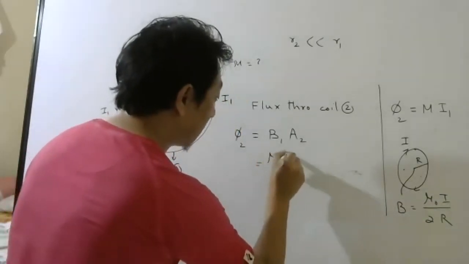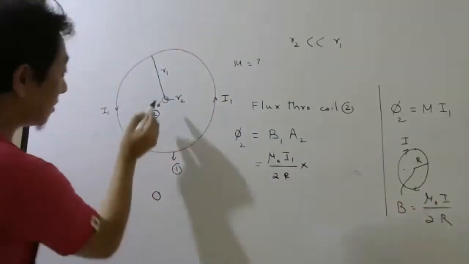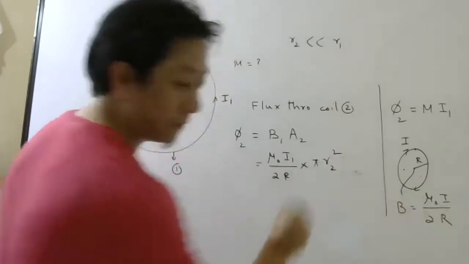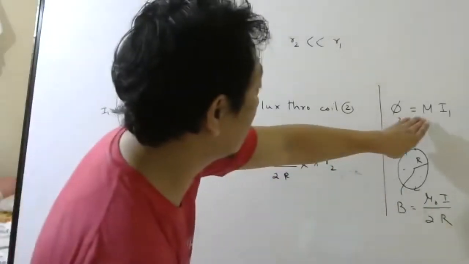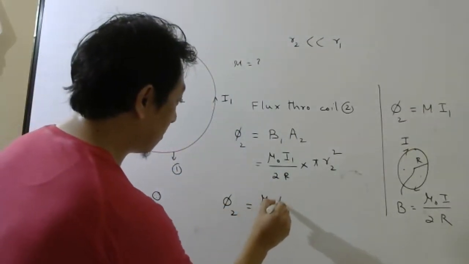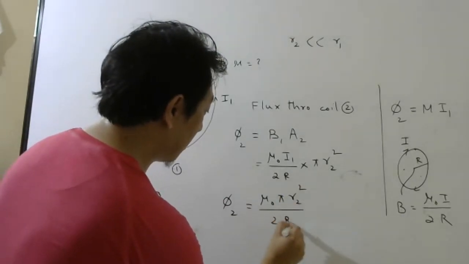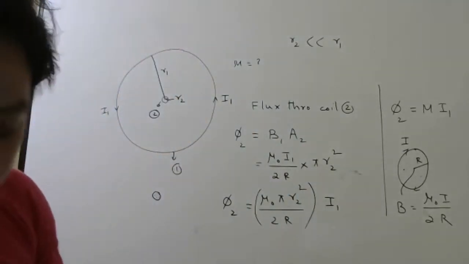Mu naught I1 by 2R into, what is this area? Pi R2 square. Then you can compare this formula with this formula. So phi 2 will be mu naught pi R2 square by 2R into I1. Yes or no, students?